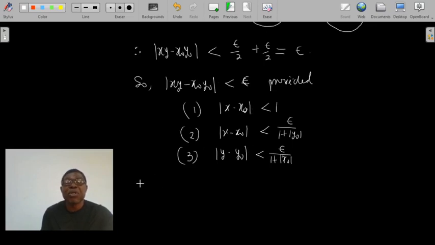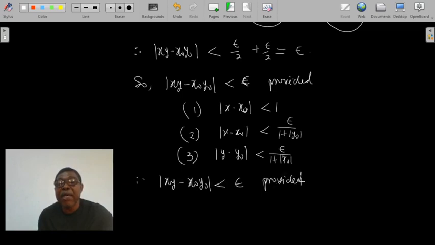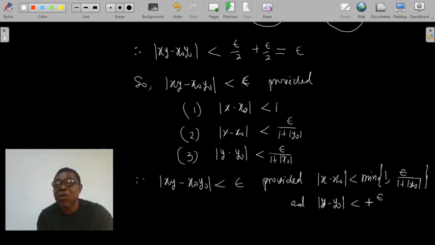So to combine these 2, we can now summarize by saying therefore that absolute value of xy minus x naught y naught will be less than epsilon provided absolute value of x minus x naught is less than the minimum of 1 and epsilon over 1 plus absolute value of y naught, and then absolute value of y minus y naught is less than epsilon over 1 plus absolute value of x naught.